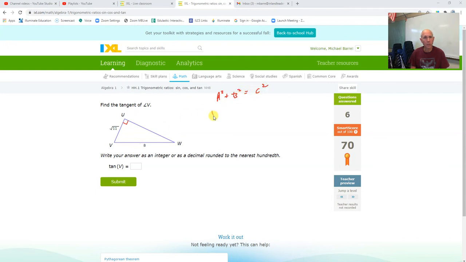Well, a will go with the square root of 11 squared plus the unknown side, b equals the hypotenuse, which is 64. So 11 plus b squared equals 64. B squared equals 53. Ooh, I do not like that answer.